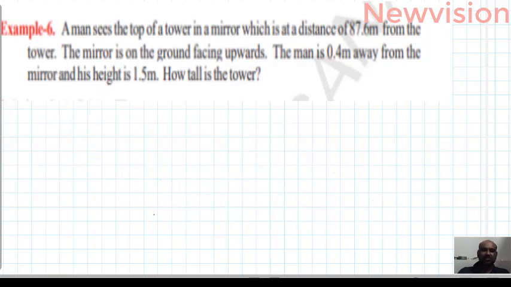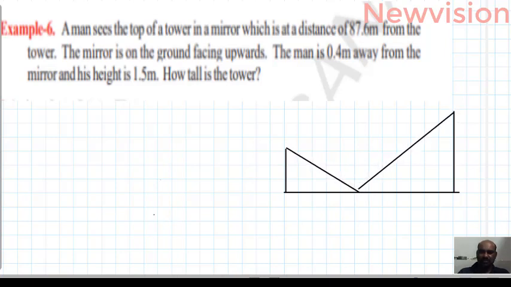So first of all, I want to draw the diagram for this. Students, listen: this is the ground, this is the tower, this is the person. This is his vision ray. Now I want to label it: this is A, B, C, D, E. This is perpendicular.